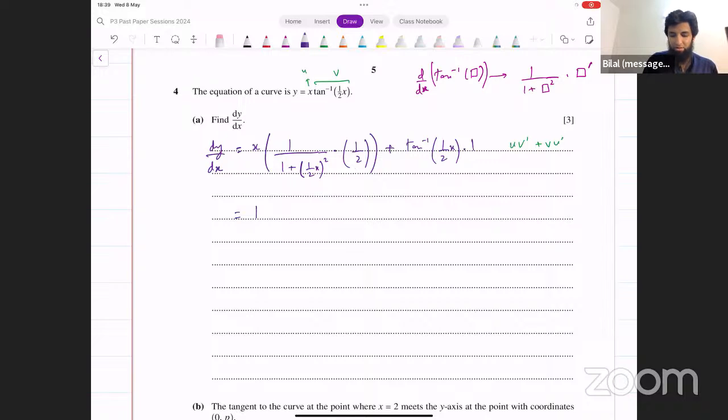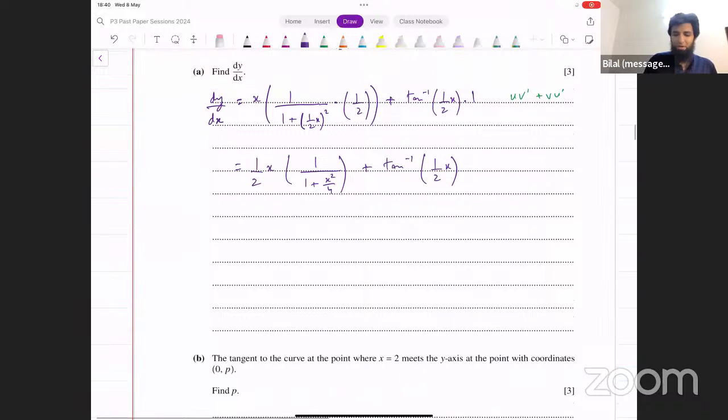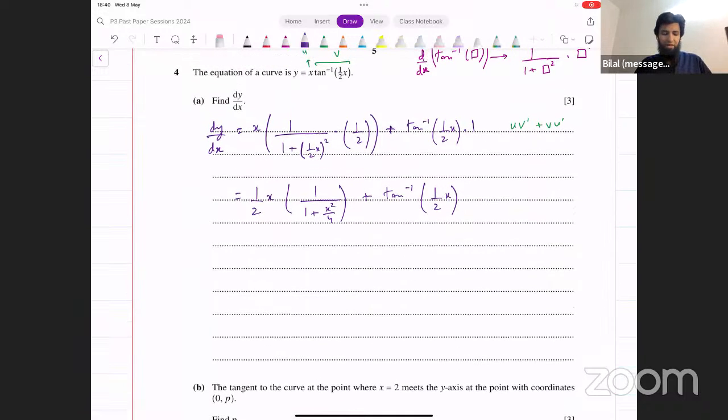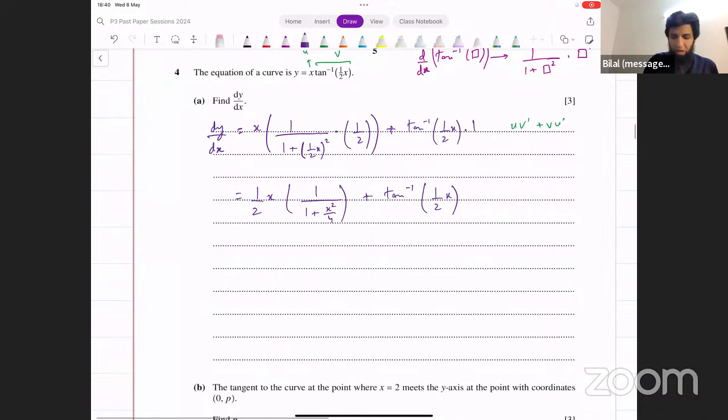So I've got 1 over 2 times x into 1 over 1 plus x squared over 4 plus tan inverse of half x. This is the derivative. Now, you can leave it like this as well, I suppose, because they have not really asked you to simplify this, but it's better to simplify anyway. How would you simplify it?